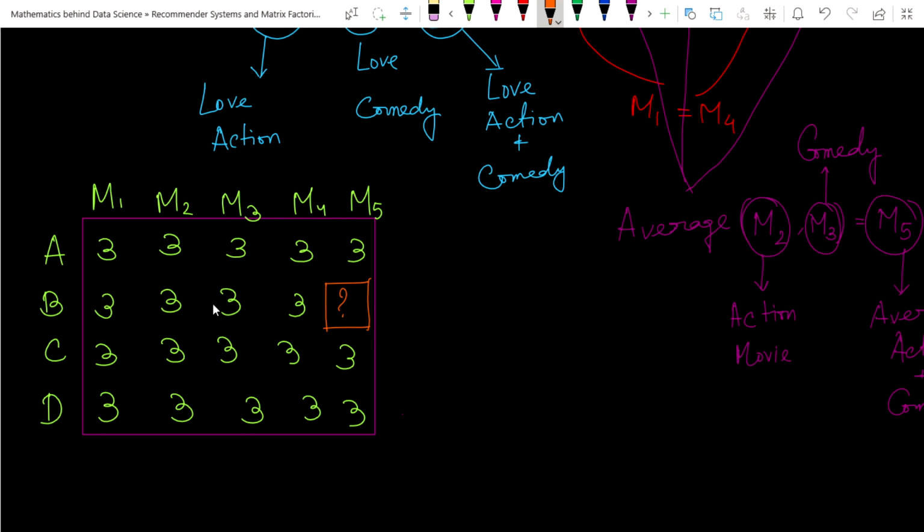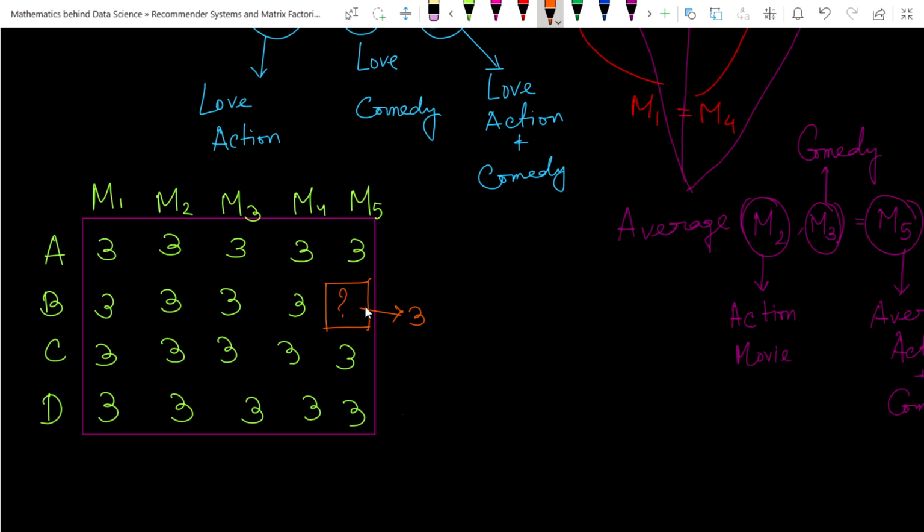B has not given any rating for movie 5, but each person has given each movie 3. So what will we expect in such situations? We can expect that B must have given 3. Somehow it's a gap in our data, but the chance is that B gave 3 for this movie because everyone gave 3 for this movie.